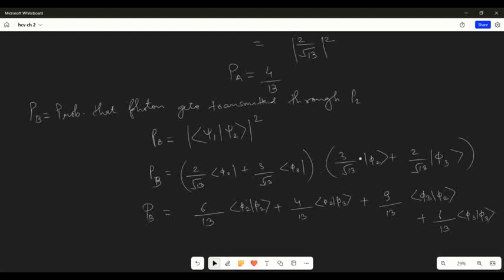Since phi 3 and phi 2 are orthogonal states, the second and third terms will be 0.